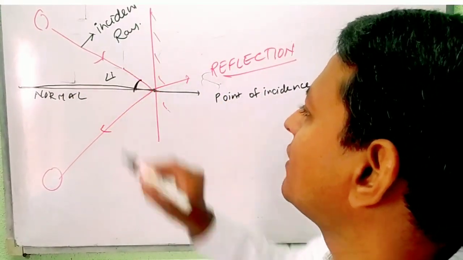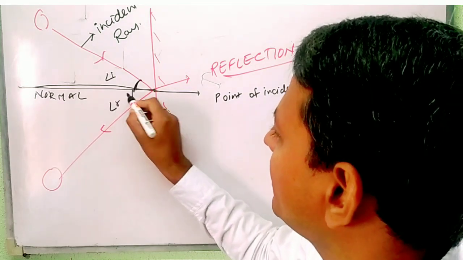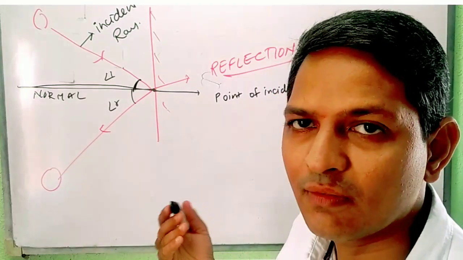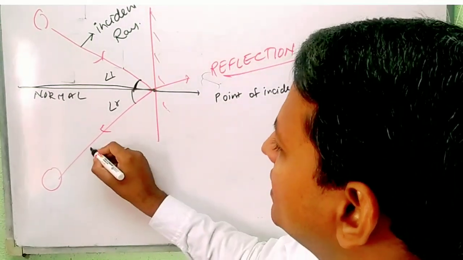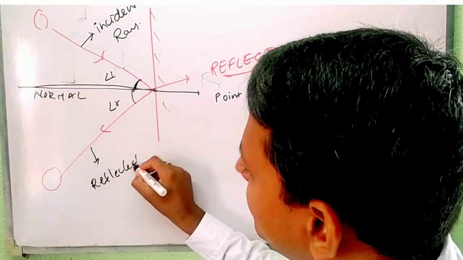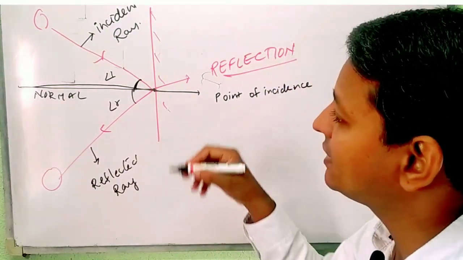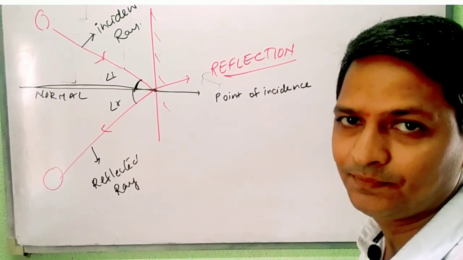This is called the angle of incidence. Bouncing back of light is called reflection, so this ray is named the reflected ray. The angle the reflected ray makes with the normal is called the angle of reflection.